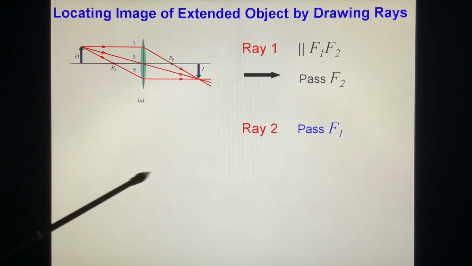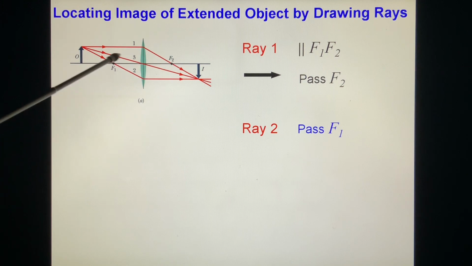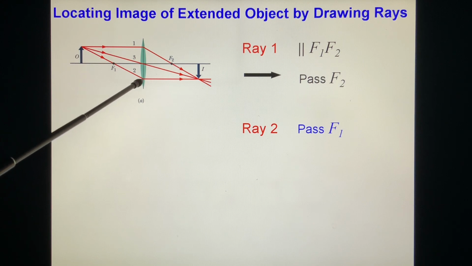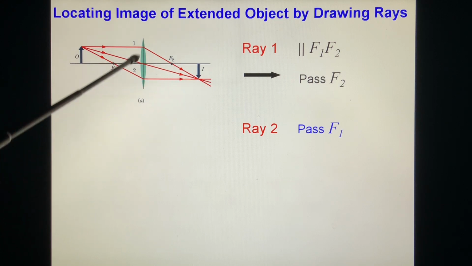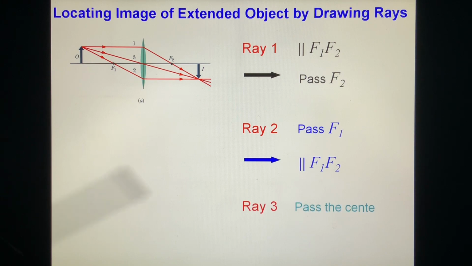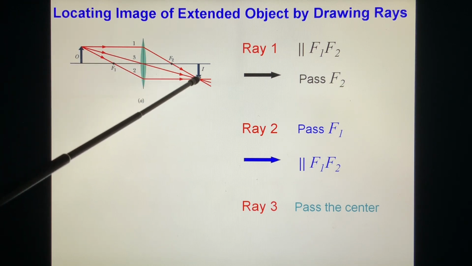The second ray starts by passing through the focus, and after it hits the lens, it goes out parallel to the axis. And the third ray passes through the center of the lens. It never changes, it goes straight. The intersection of these 3 lines is the image position.